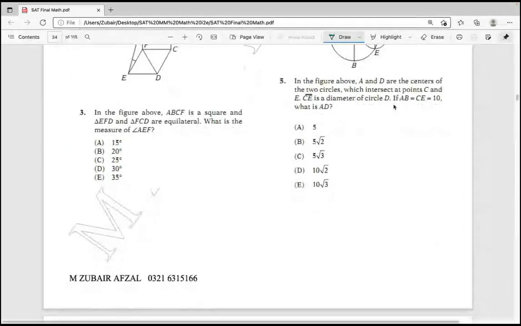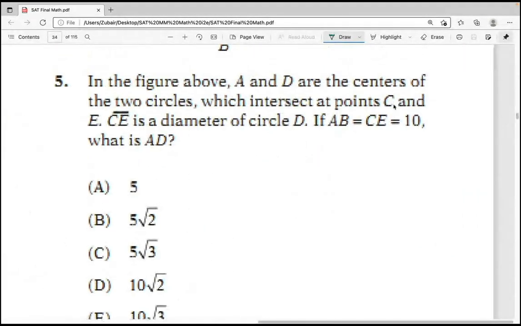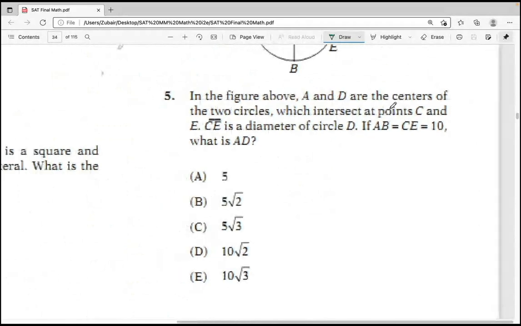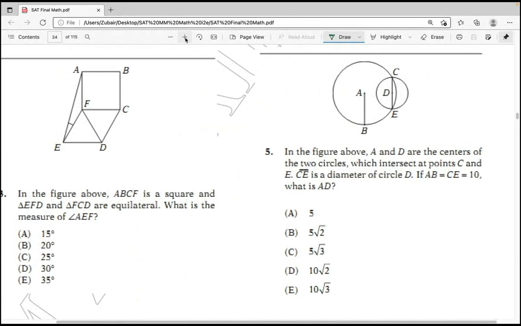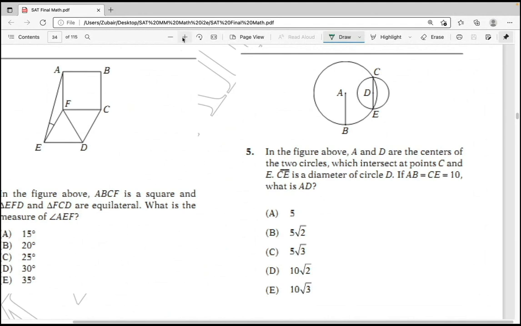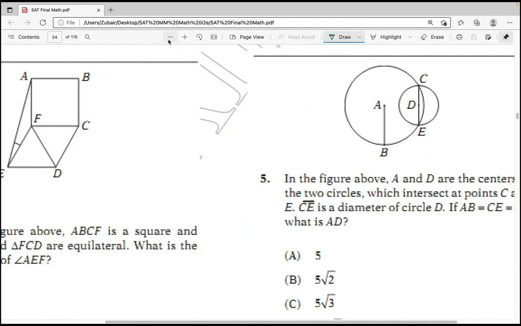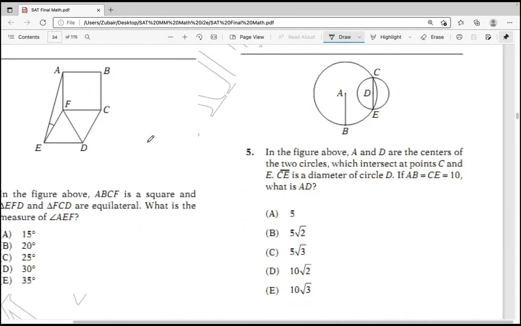Question number 5. Is it readable? Yes, sir.